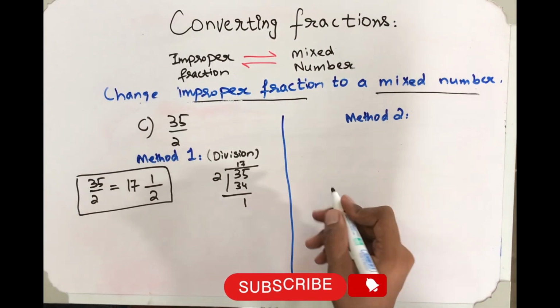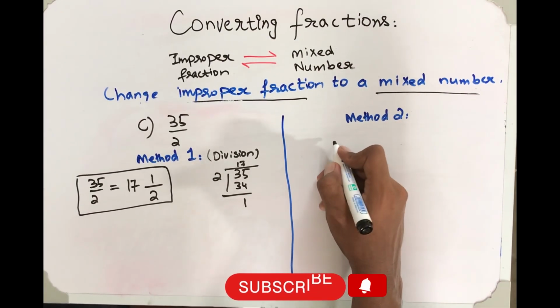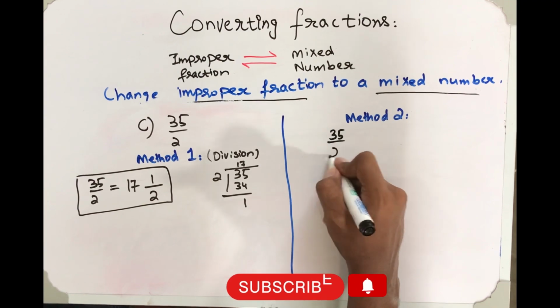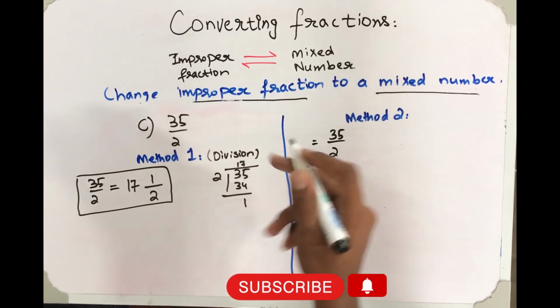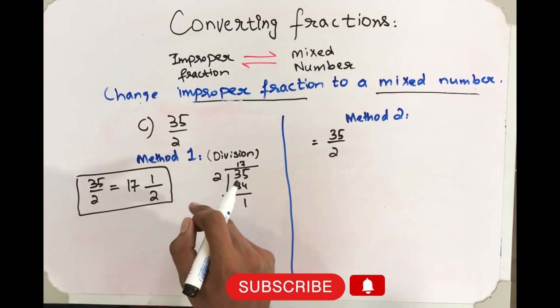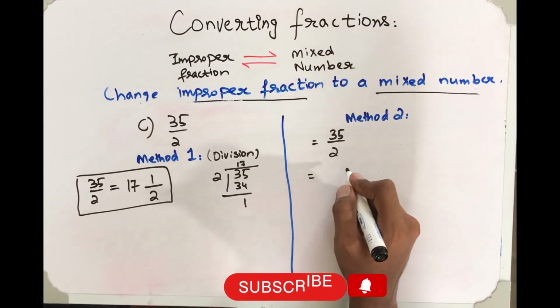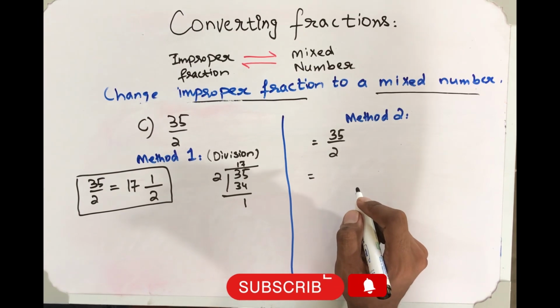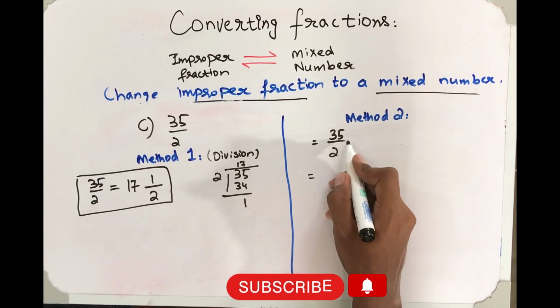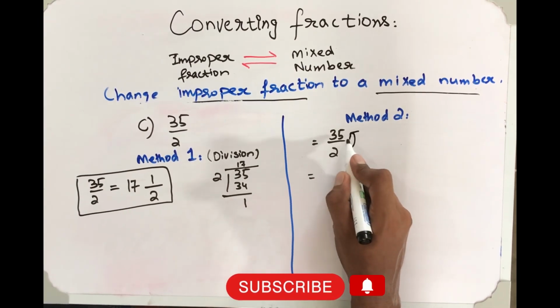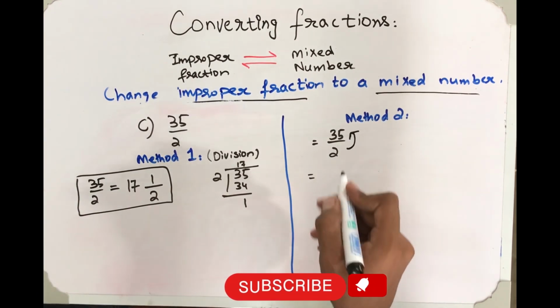So this is how we convert an improper fraction to a mixed number. Now let's start method number 2. That is very easy for me. Hopefully you will like this method too. If you are not okay with method number 2, you can use method number 1. 35 divided by 2. I already said in the video that you have to find the last multiple of the denominator in the numerator.